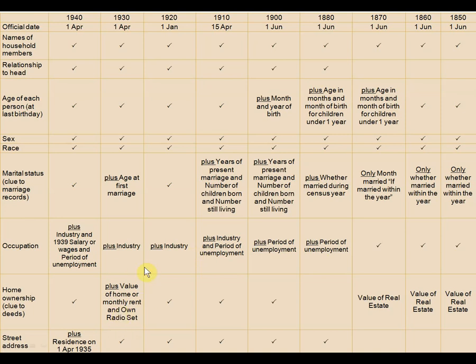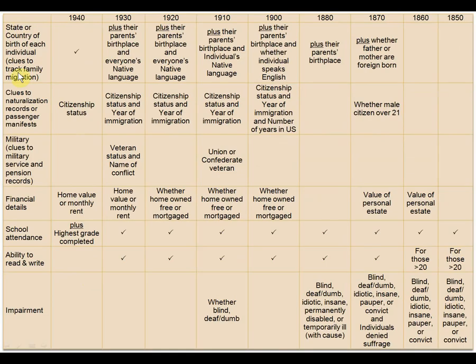But if they own the home, then that lets you know that you're going to be needing to look for some deeds. Likewise, the 1850, 1860, and 1870 censuses are going to tell you the value of real estate owned, which gives you an indication of whether you need to be looking for some deeds. If you have immigrant ancestors, the censuses will give you information about their immigration status.